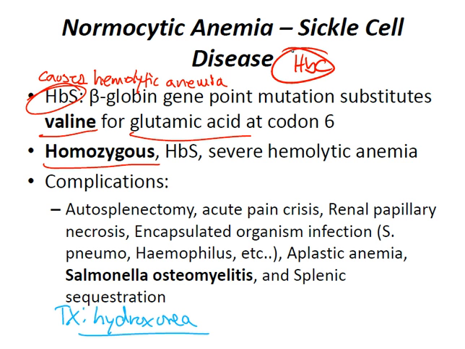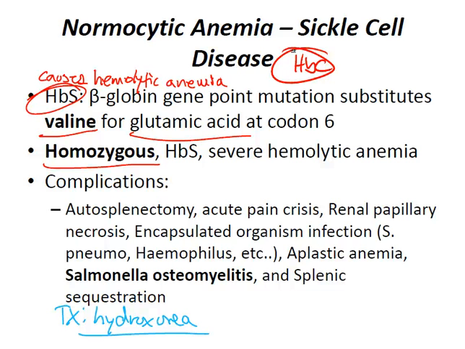In hemoglobin C disease, the same codon is mutated as in hemoglobin S, the beta chain codon 6, except lysine and not valine is substituted for glutamic acid. Hemoglobin C homozygotes have a milder disease than hemoglobin S homozygotes. And that's pretty much what you need to know about sickle cell anemia that you will be tested on.